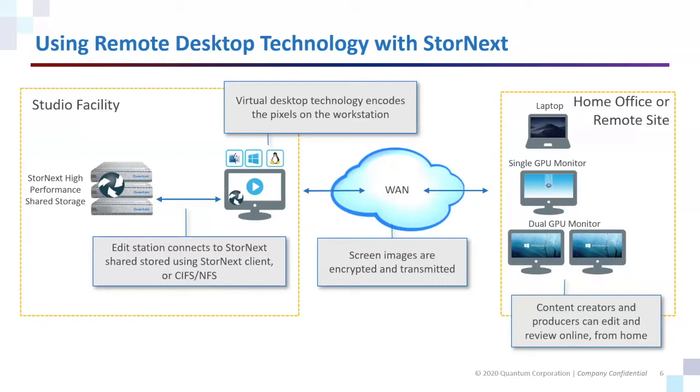So these are the benefits of doing something like this today: it allows you to use the existing infrastructure that you already have in place, just doing it remotely. You can use dual GPU monitoring for systems that you have with dual GPUs inside your facilities, or single, or even just a home laptop.